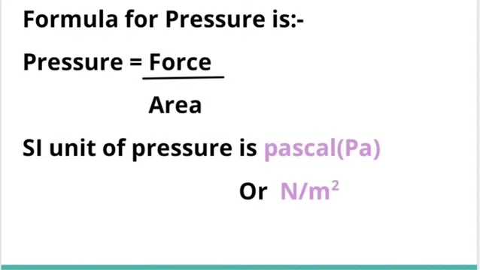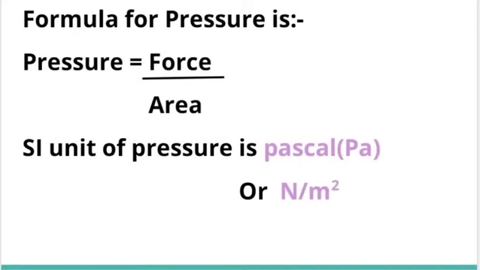Because the SI unit of force is Newton and the unit of area is meter square. So the SI unit of pressure is Pascal or Newton per meter square. Means 1 Pascal is equal to 1 Newton per meter square.